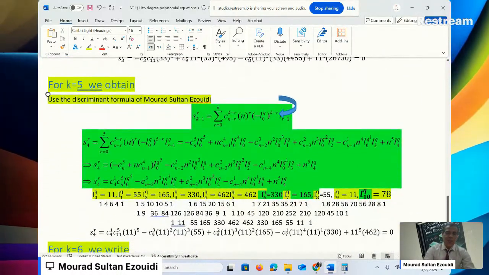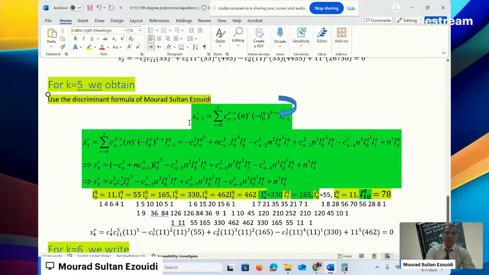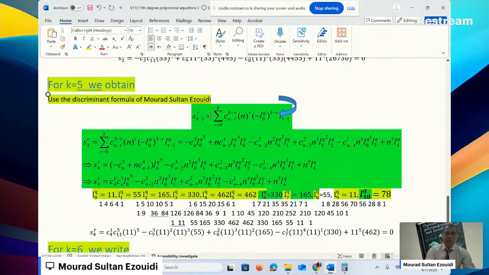I want to find S4. To find S4, go and input k equal 5 in my theorem.